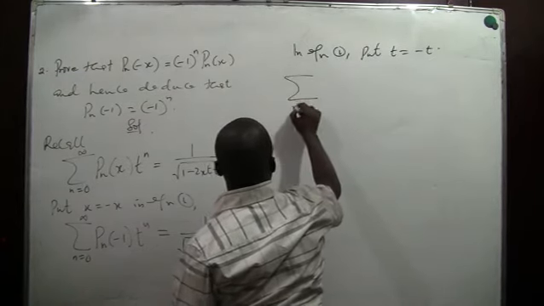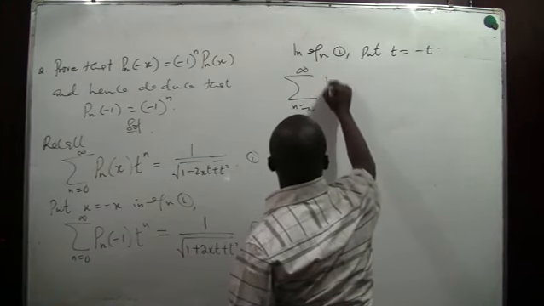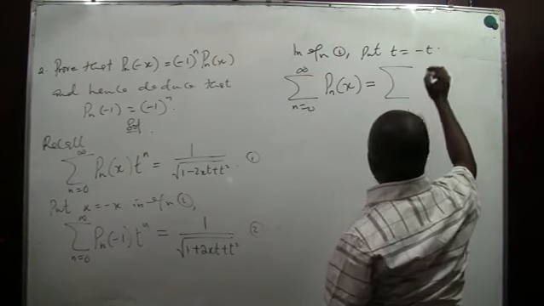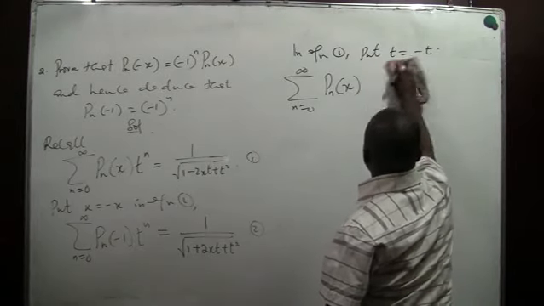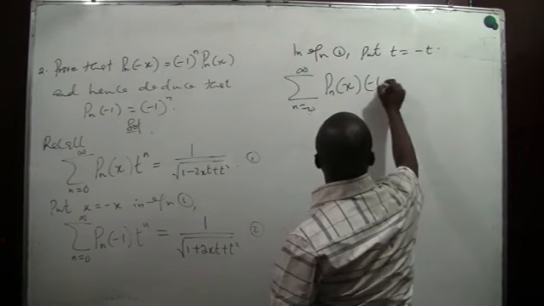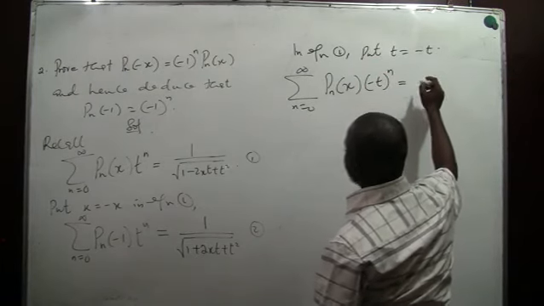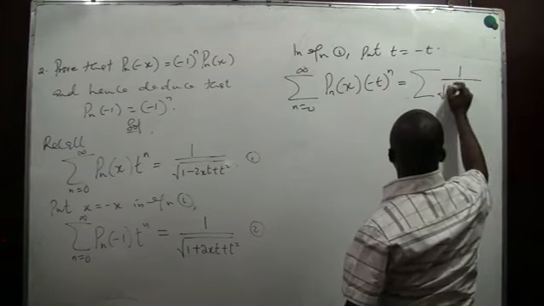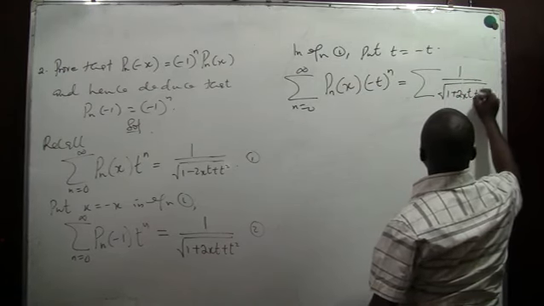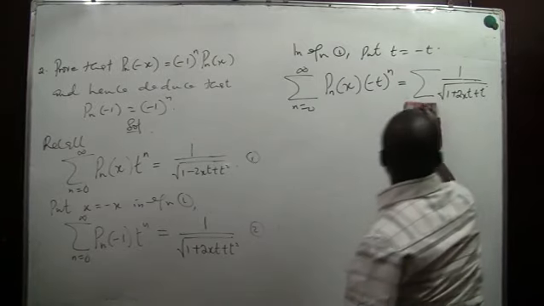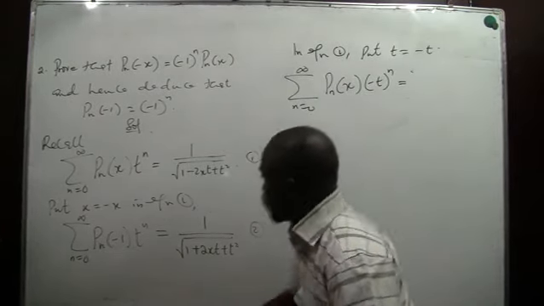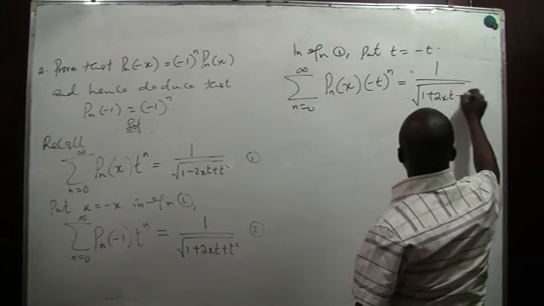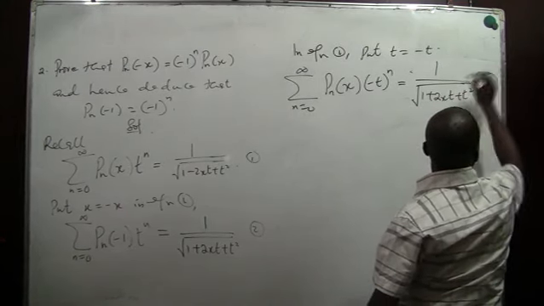We have summation n from 0 to infinity Pn of x, minus t raised power n, equals 1 divided by square root of 1 plus 2xt plus t squared. Call this one equation 3.